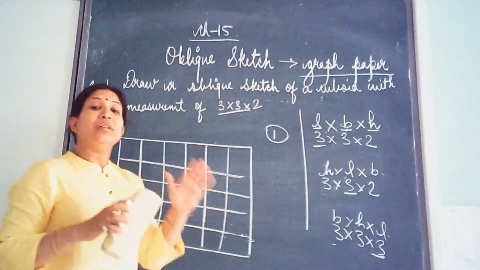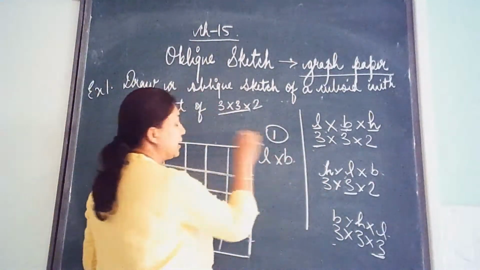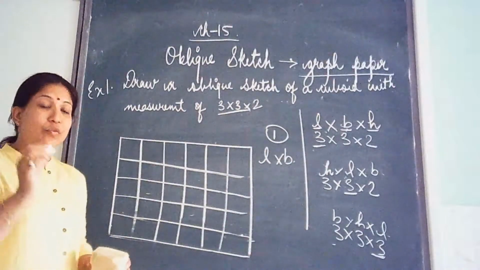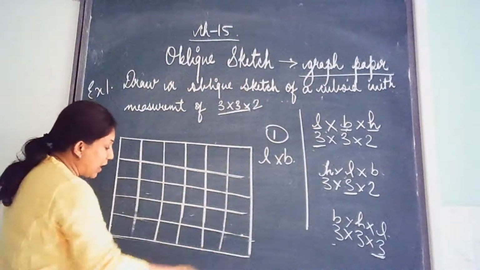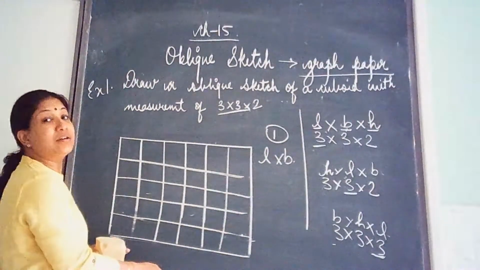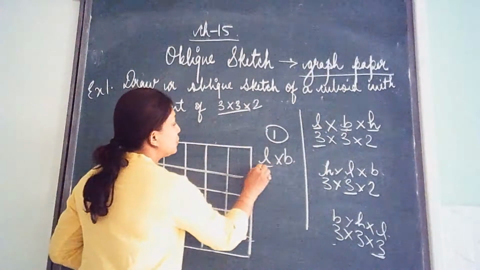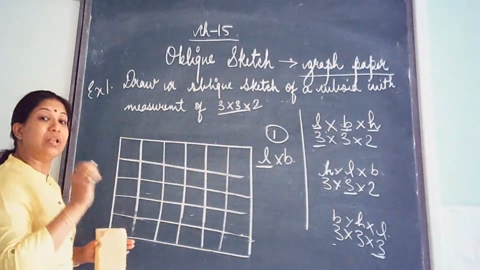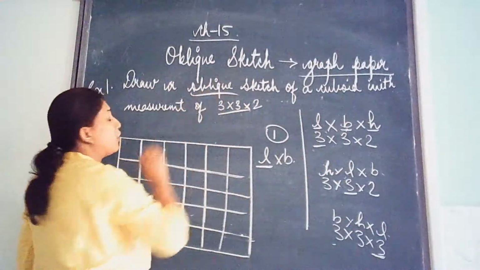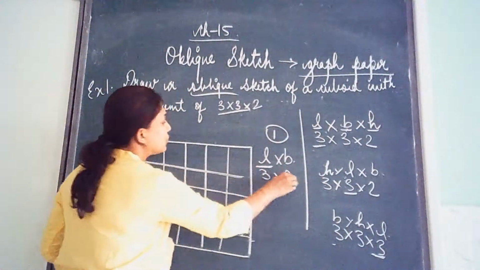Now let's move on. The first step is, we always draw length and breadth on a graph sheet. I have just drawn this box and you assume it is a graph paper. First you check the length. We first draw the length and breadth for an oblique sketch. Here the length is 3, the breadth is also 3.